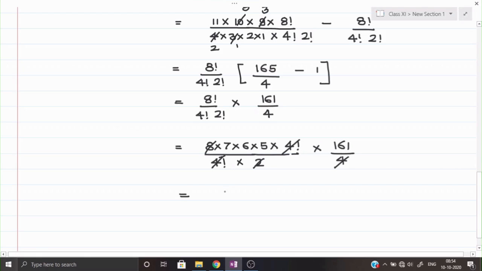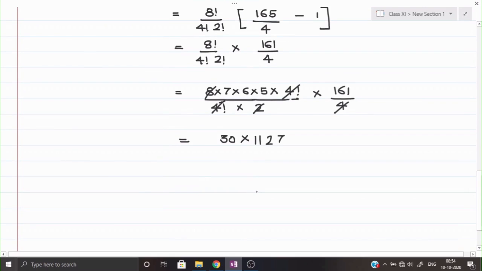6 into 5 we can write down 30, and 7 and 161 we can multiply. 7 1s are 7, 7 6s are 42, 2 carry 4, and 7 1s are 7 plus 4, that will be 1127 I suppose. Okay, please see if any calculation mistake is there. Once again we can multiply. 7 1s are 7, 7 6s are 42, 2 carry 4, 7 1s are 7 plus 4, 11. Now let us multiply for the final time. 0 will come, 7 3s are 21, 1 carry 2, 3 2s are 6 plus 2, 8, and then 3 1s are 3.